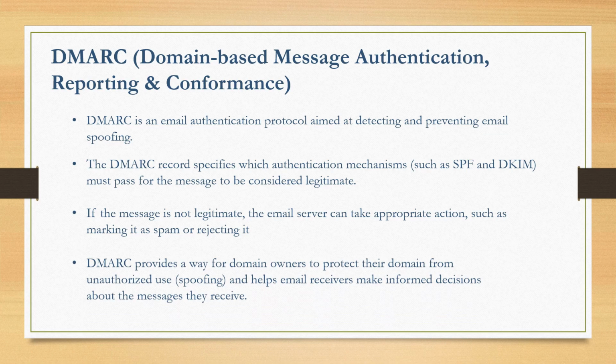Okay, let me explain what it is. Basically, if I send you an email, then I will publish my DMARC record in my DNS, and the DMARC record basically tells the receiving exchange server that if my email is not authenticated with the SPF or the DKIM value, one of them, if it is not passed, then put my email in the junk folder, or reject it, or quarantine it, right?